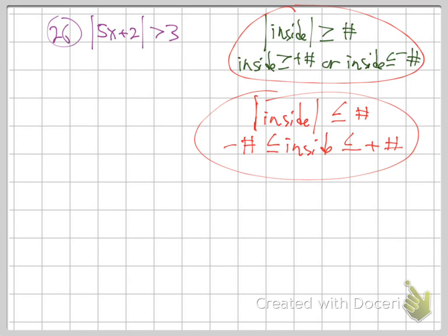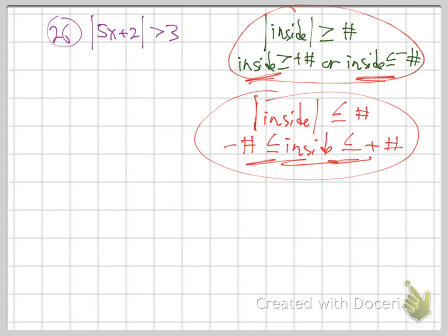Those would be two good things to have: how you handle absolute value greater and how you handle absolute value less, at least the first step, which is the most important step, in removing the absolute values. Notice I've removed the absolute values. Okay, so let's do this. Now, this one says greater, but it's the same thing, greater than or equal. That doesn't matter.